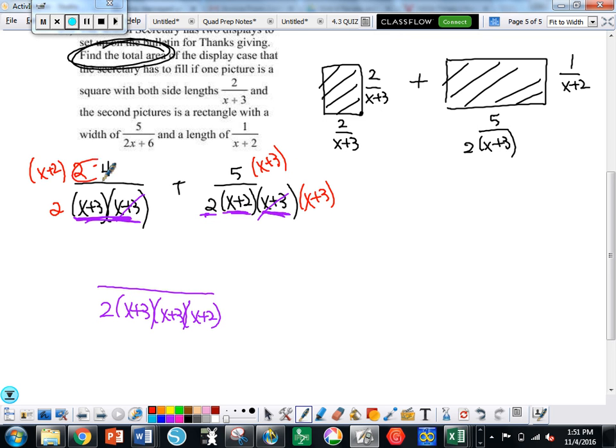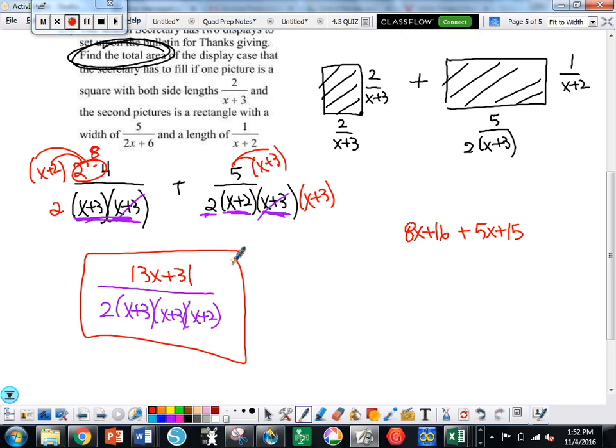So, combine those. Make it an 8. We're distributing an 8. I'll do it off to the side. You got 8x plus 16 plus, distribute, 5x plus 15. Add those together, you get 13x plus 31. There you have it.